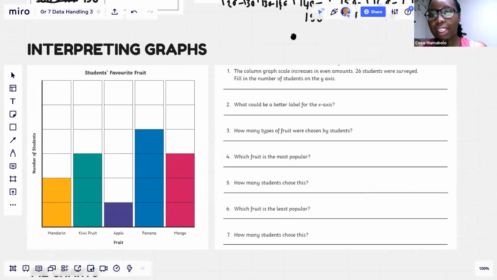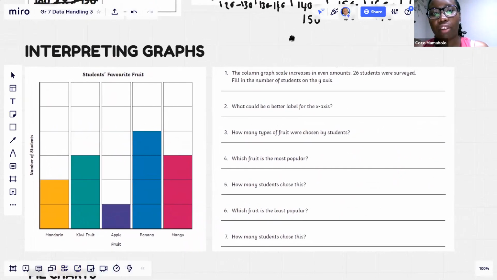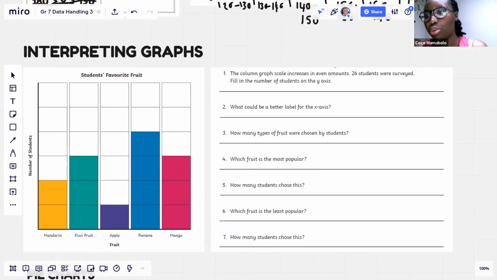So here we are. What kind of graph have I given you on the left-hand side? Who can tell me? Let me see hands. Salamina, I saw your hand up first. Histogram. This is a bar graph. Is it a histogram?